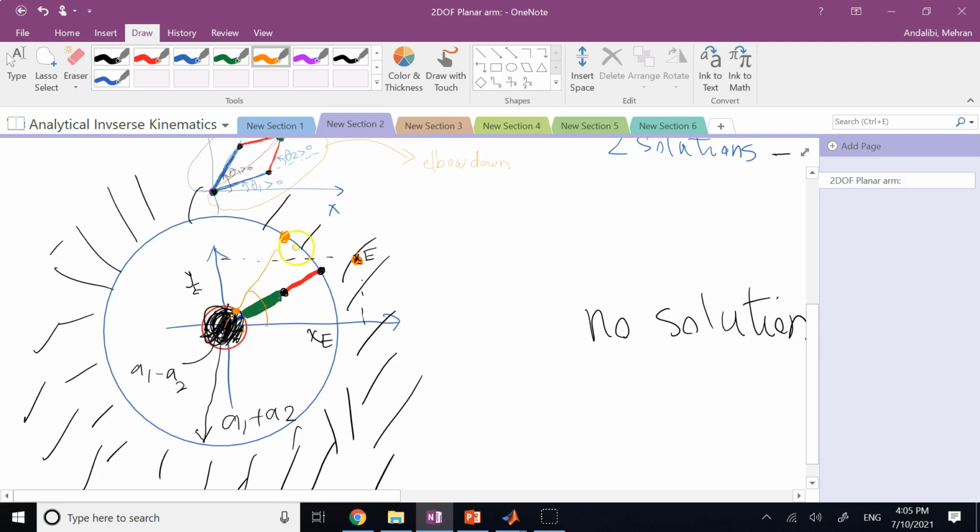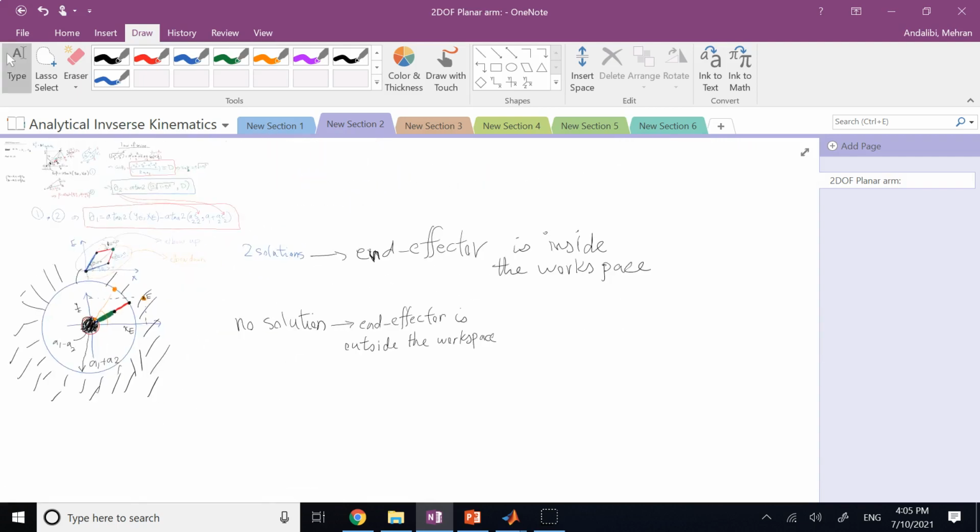Okay, in this scenario, there is only a unique solution. So you can see that I can have one unique solution, as long as the end effector here is on the workspace boundaries.